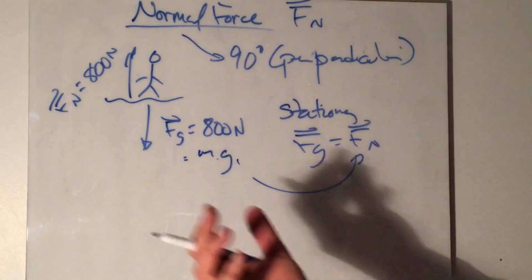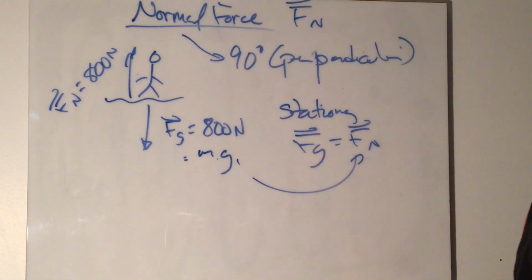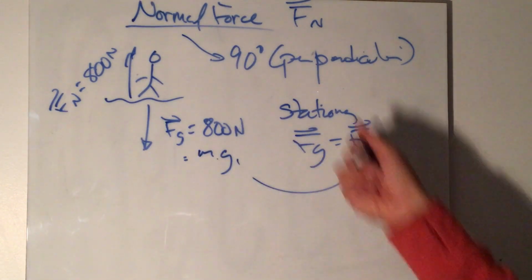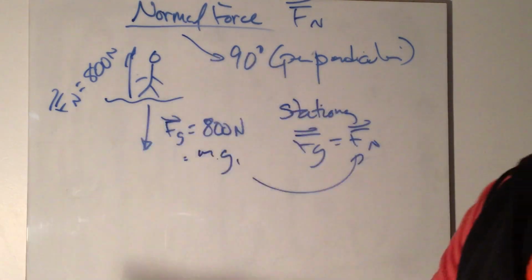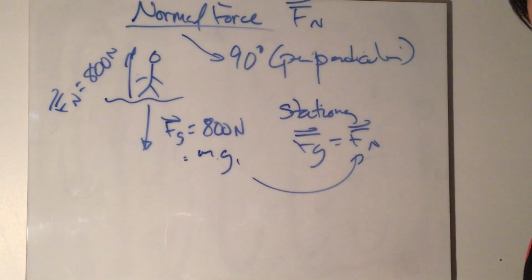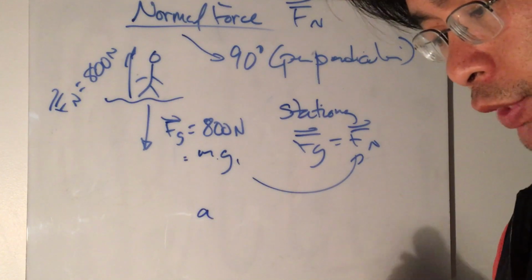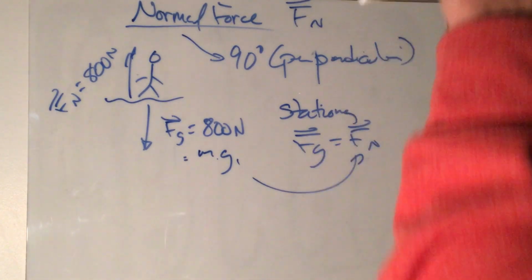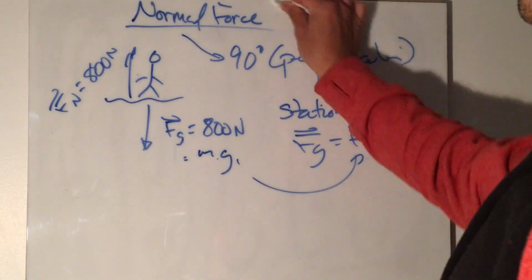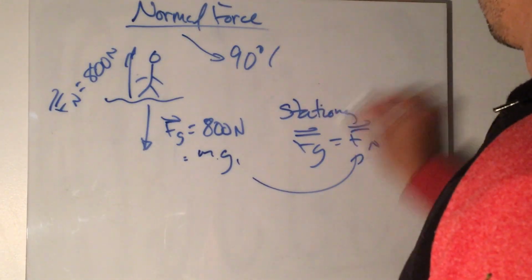Okay, so once you know the mass, if I'm stationary, you know that my Fn is going to be exactly the same as my Fg. However, if I'm sinking, then you have to consider the rate at which I'm sinking to figure out the Fn. Okay, because you can use acceleration in there, velocity 1, velocity 2, going all back to that. But we're not going to get that complicated.